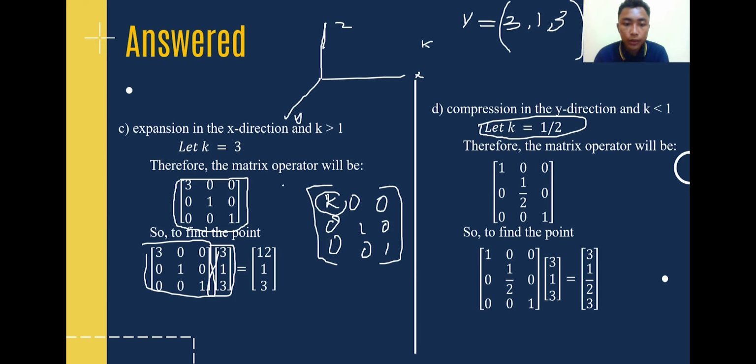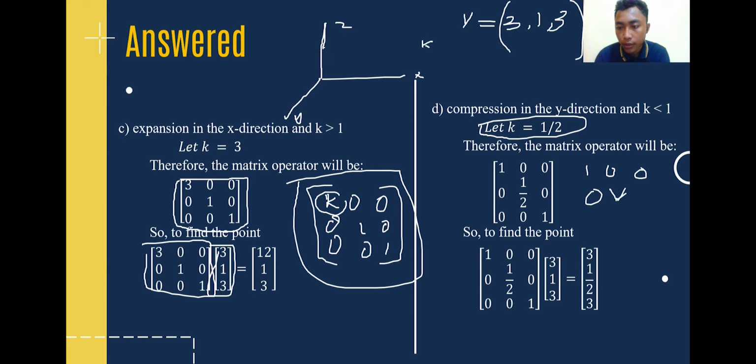This has the same formula, but because this is in the y direction, the formula will be like this: 1 0 0, 0 k 0, 0 0 1.